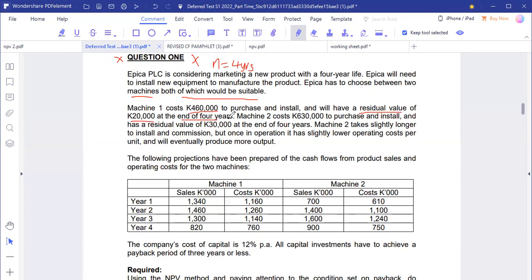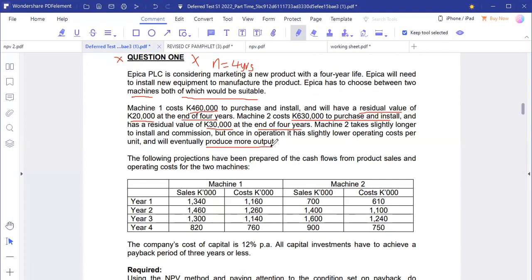All right. Machine 2 costs 630,000 to purchase and install, and has a residual value of 30,000 at the end of 4 years. Machine 2 takes slightly longer to install and commission, but once in operation, it has slightly lower operating costs per unit and will eventually produce more output.